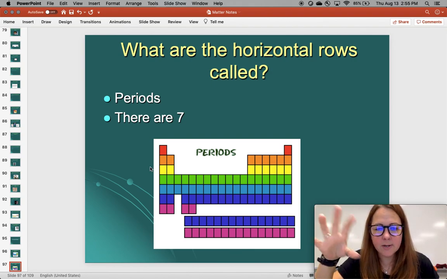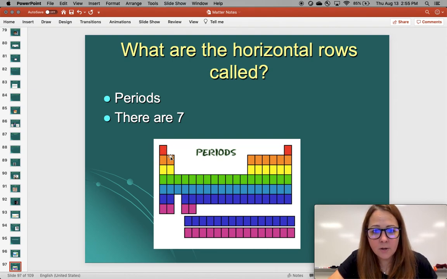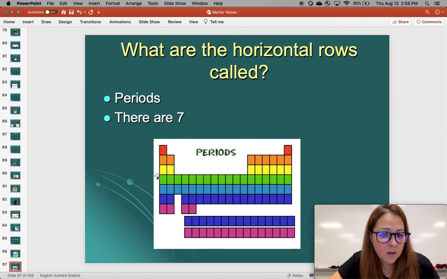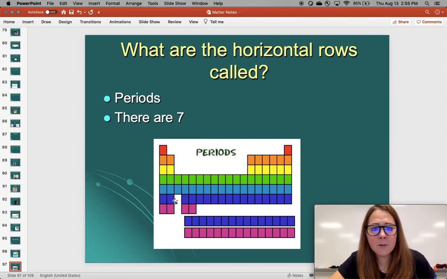Again, the periodic table kind of has a weird shape. When we number it off, like this red is period number 1, the orange is period 2, the yellow is period number 3, period 4 is the green one, 5 is this light blue, and then this indigo purple color is all period 7.